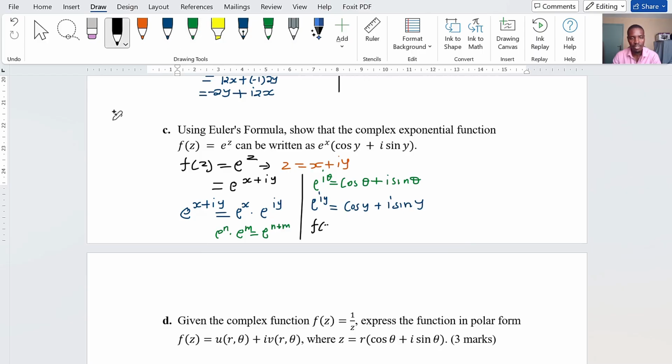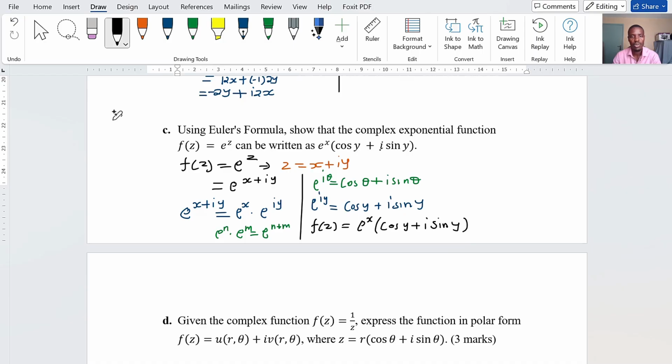So f of z is equal to our e power x times our e power iy, which is the same as cos y plus i sine y.